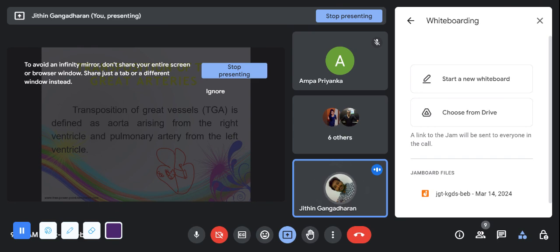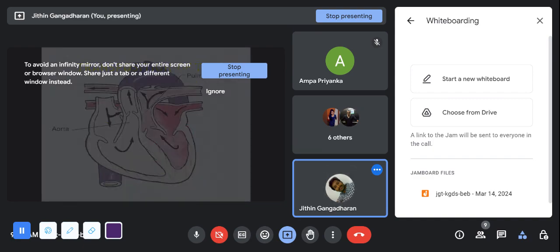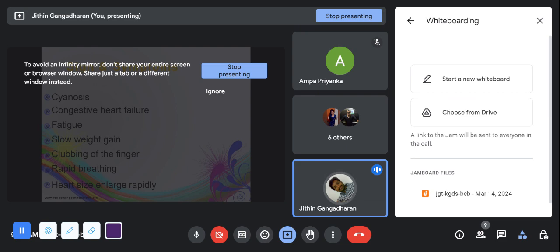Whereas the pulmonary artery, which is present in the left ventricle, where the blood is oxygenated, will take this oxygenated blood again into the lungs for circulation, increasing the oxygen level. This is transposition of great arteries. So simple. It will interchange its position, the ventricles.